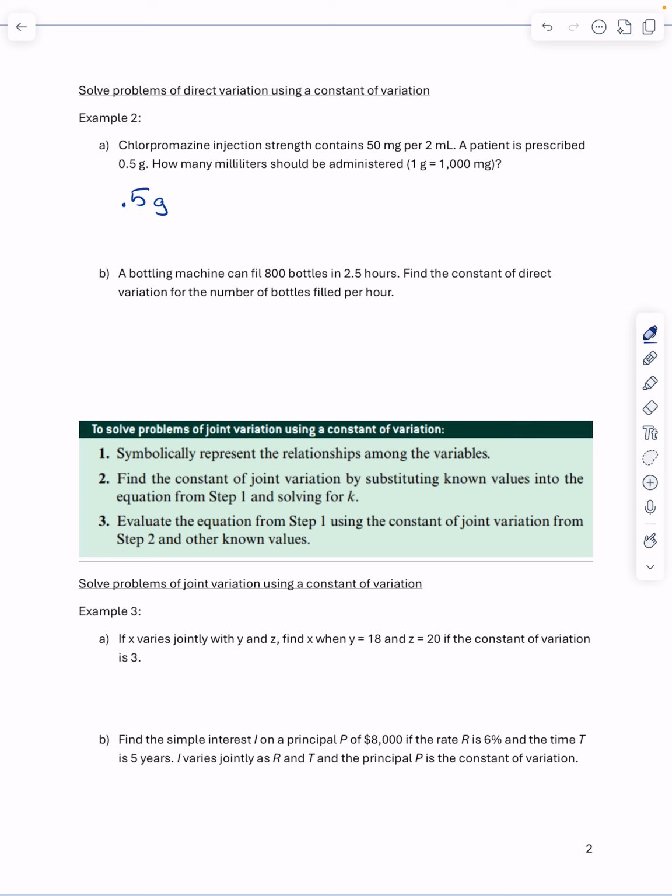We're going to go back to what we did with the dimensional analysis. I want to go from grams to milligrams. So 1 gram is 1,000 milligrams.